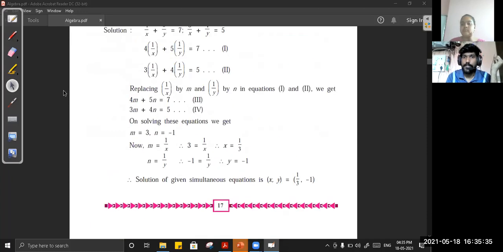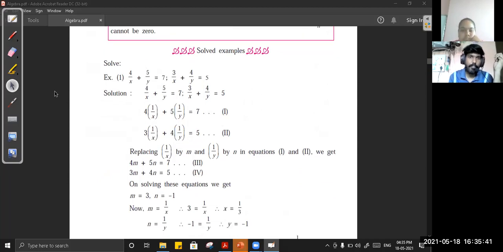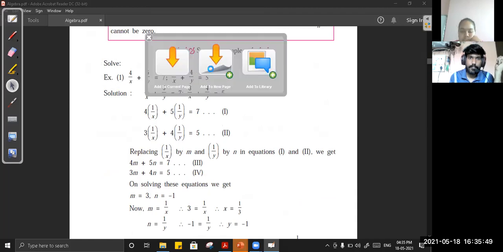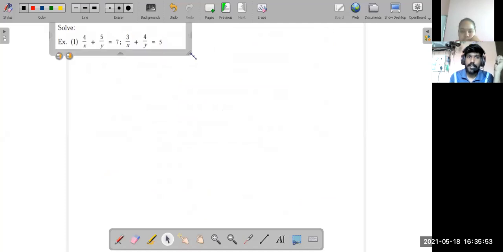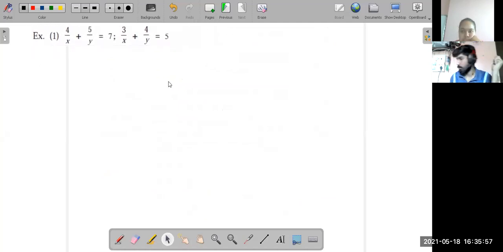So I'll do the sums first, and then we'll go for the activity. Understand this example sum first.